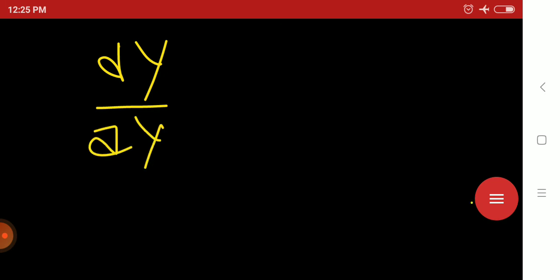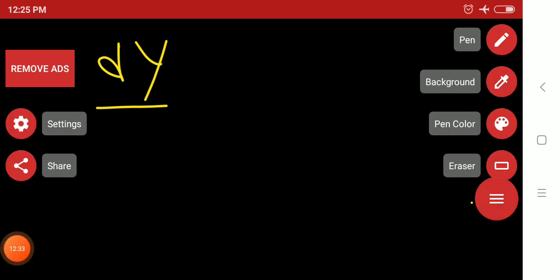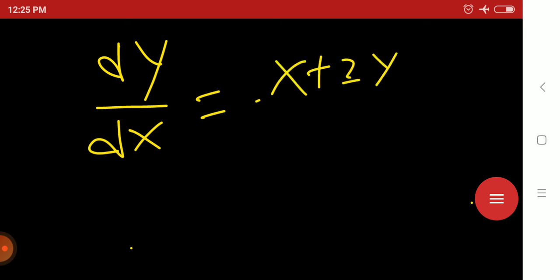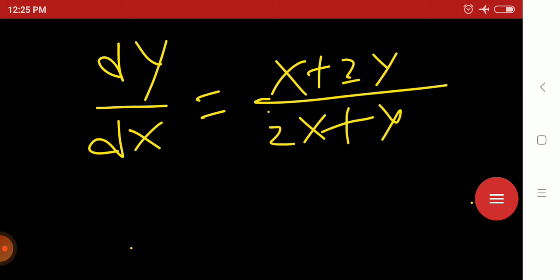You will get d capital Y by dx equals x plus 2y by 2x plus y.